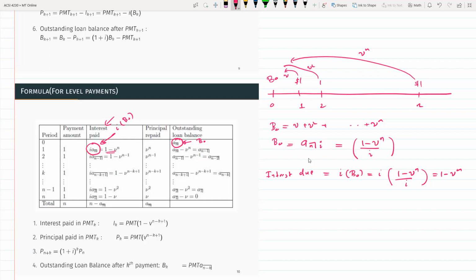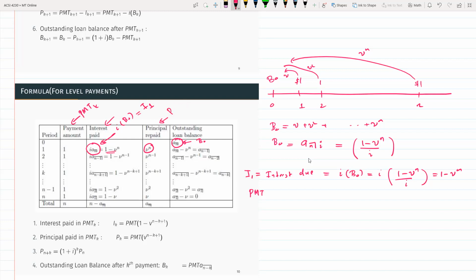So then the principal repaid, what's the formula? What's the notation? Payment 1, that's the first payment. This one is the I1 interest. Not the payment, this would be P. The payment is this one, this is what we got as the payment. So this one is then the principal.